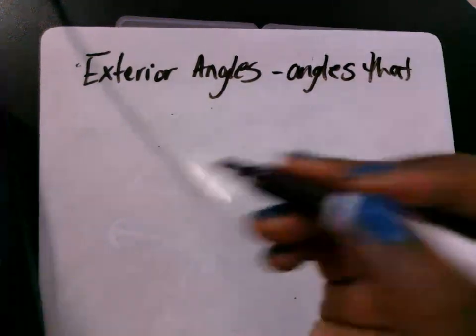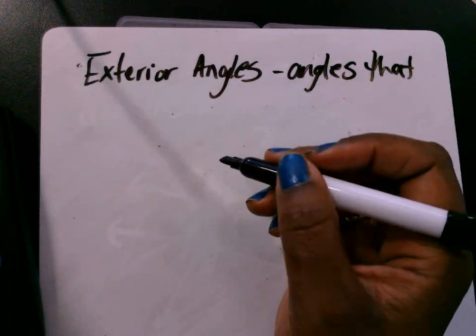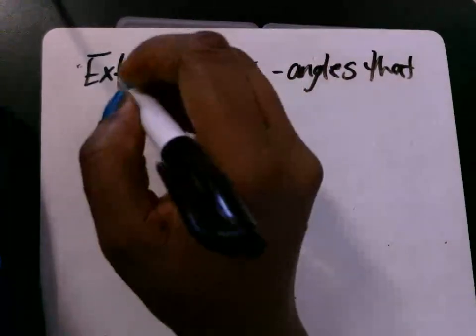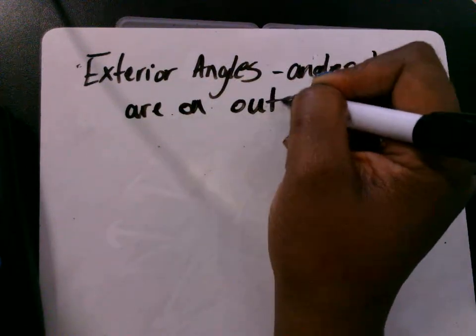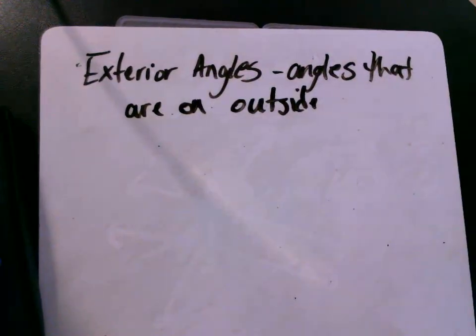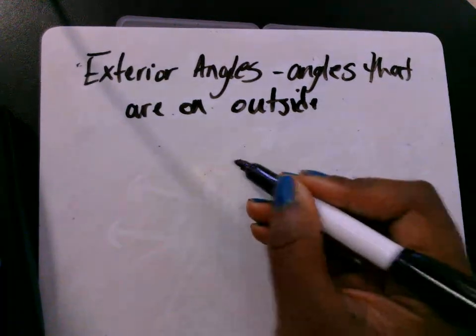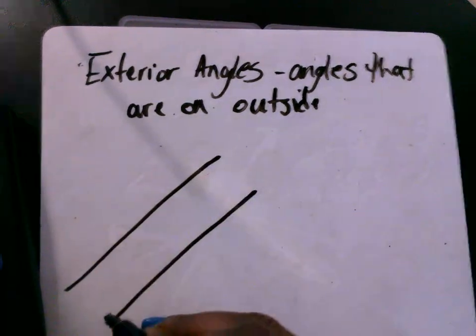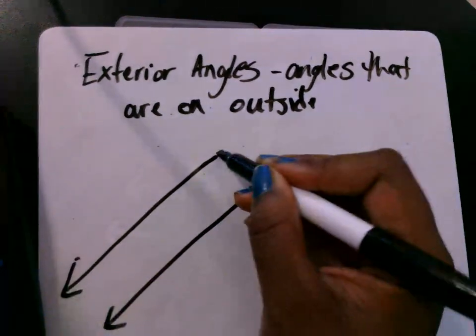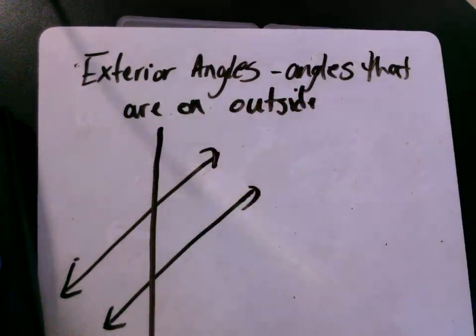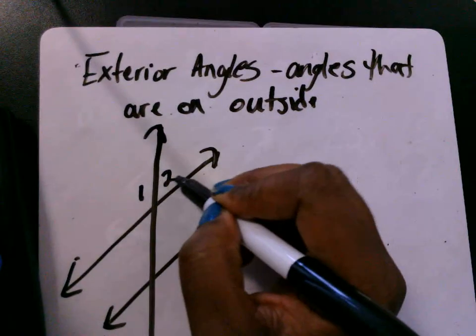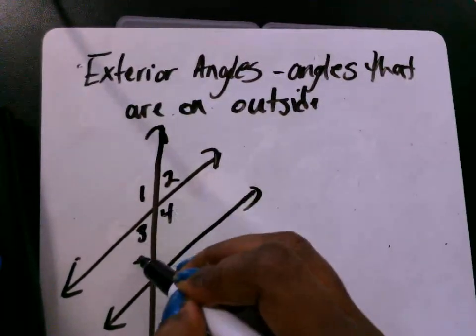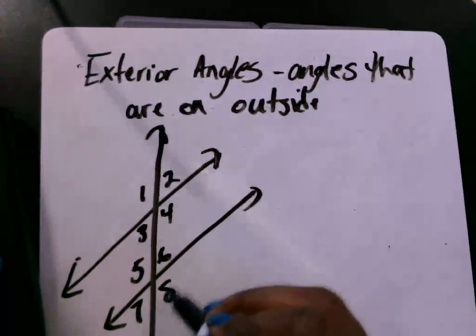It could be on the outside of an object, a triangle. It could be angles that are on the outside of the parallel lines. Let's list these angles that are on the outside here. I'm going to have 2 parallel lines going this way, cut by this transversal T. We got 1, 2, 3, 4, 5, 6, 7, and 8.